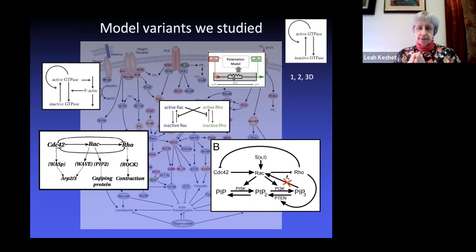So it showed the fact that an initially round cell could be stimulated by a large enough stimulus to polarize so that CDC42 and RAC were at the front, where they could then give rise to ARP23, which then gives rise to actin filaments, which push out the edge, and Rho would be at the back, and that was due to the mutual inhibition of these two things, and that would cause contraction of the back.